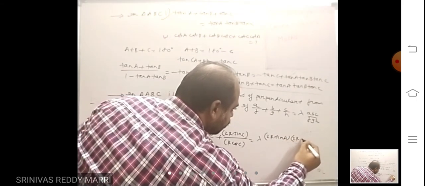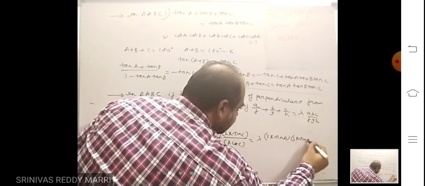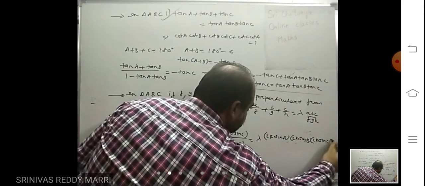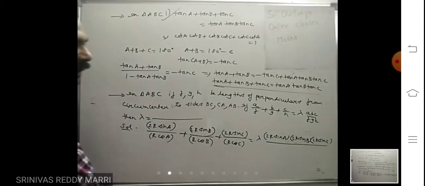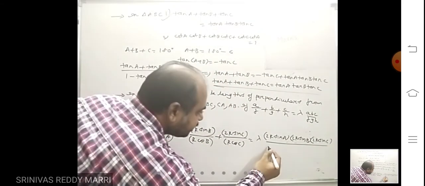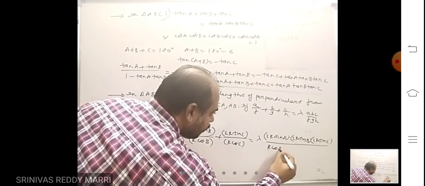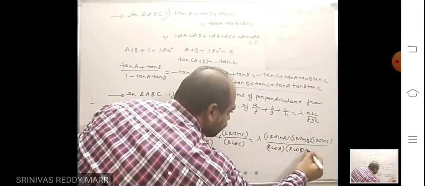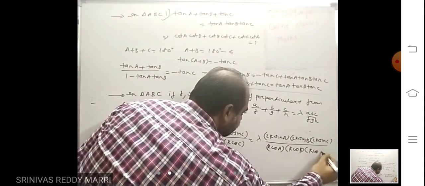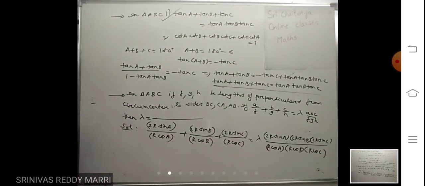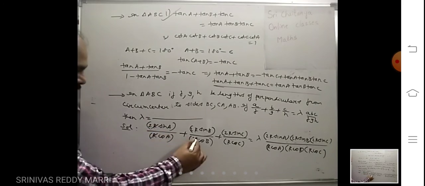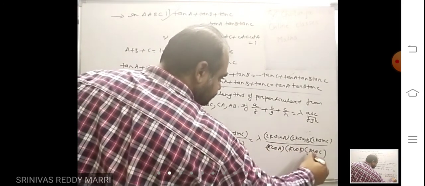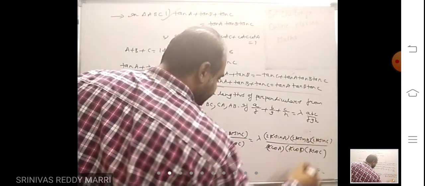2R sin A into 2R sin B into 2R sin C, divided by F, which is R cos A, G which is R cos B, and H which is R cos C. Look here, the three R's and the three R's will get cancelled.